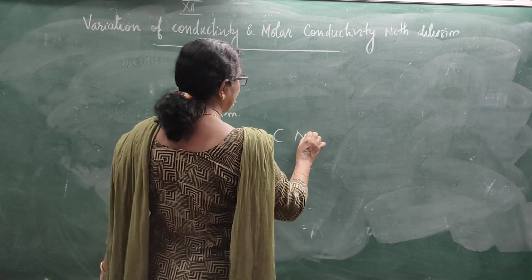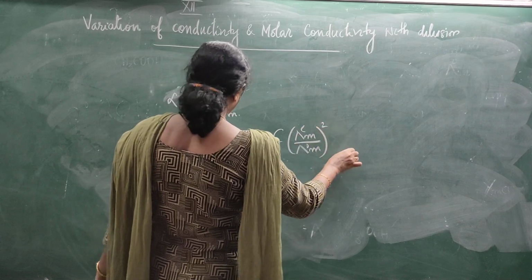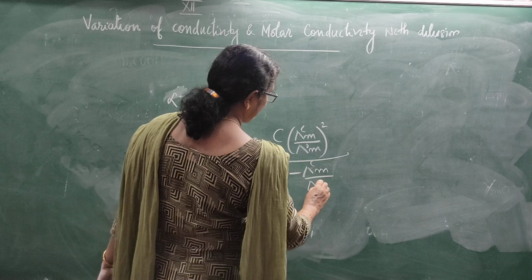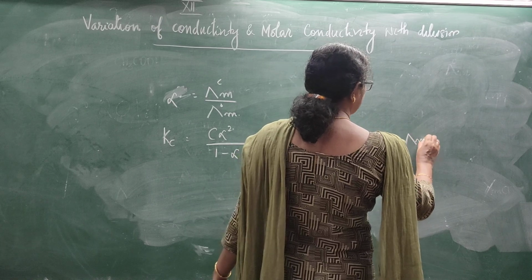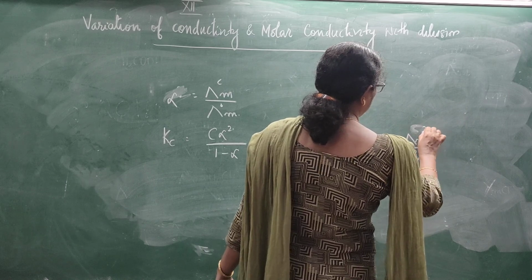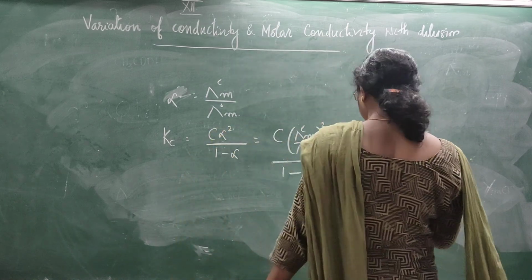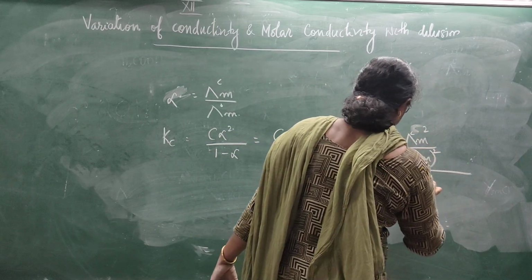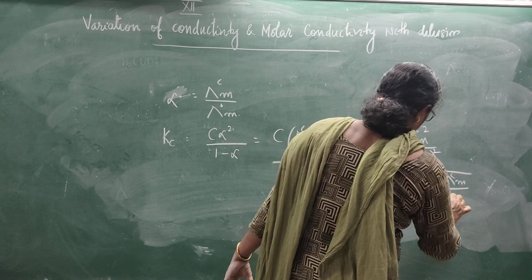that is equal to C into lambda m at any concentration by lambda m naught squared divided by 1 minus lambda m at any concentration by lambda m naught, that is equal to C into lambda m squared by lambda m naught squared, divided by lambda m naught minus lambda m at any concentration by lambda m naught.